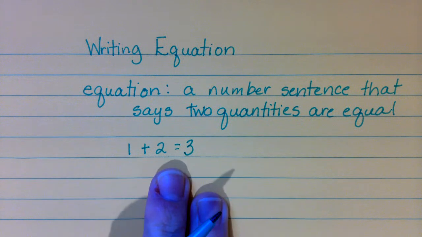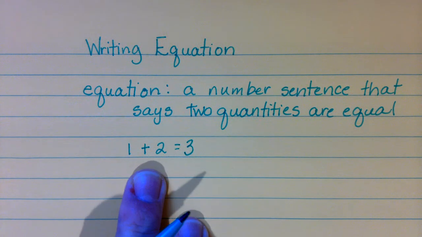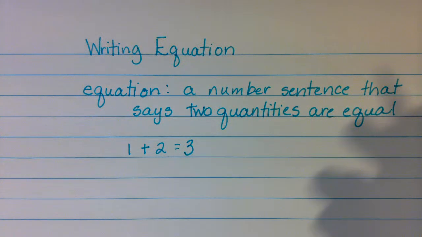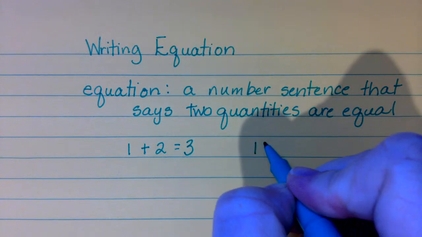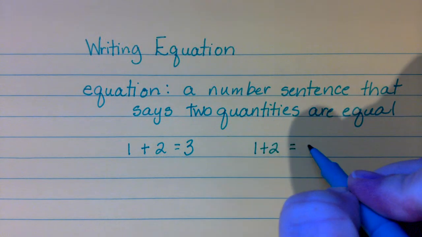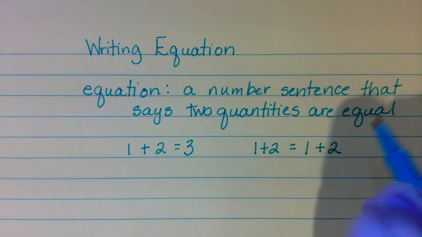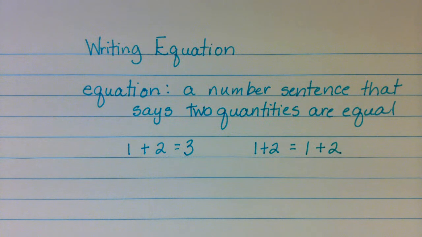It's a number sentence that shows that 1 plus 2 is equal to 3. If you have something like 1 plus 2 equals 1 plus 2, it's showing you that two quantities are equal. So in your lesson, it gives you a word problem, and it tells you some information about a lion cub, and it shows you how to create an equation using the information that they provide for you.